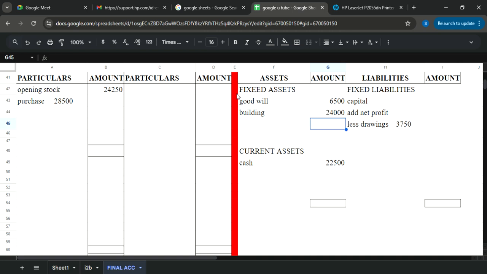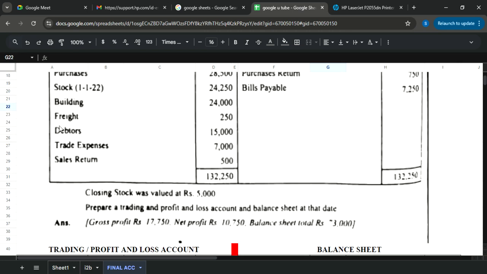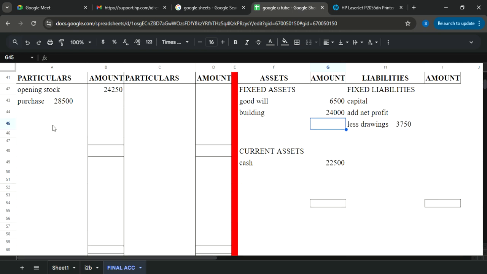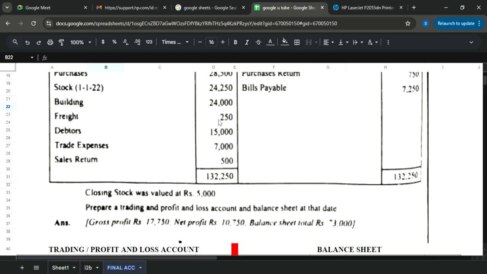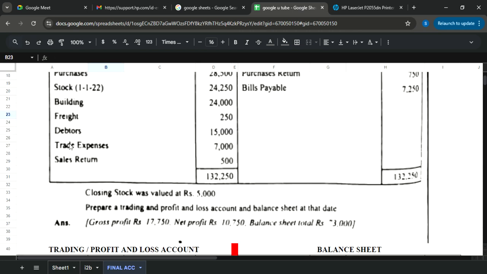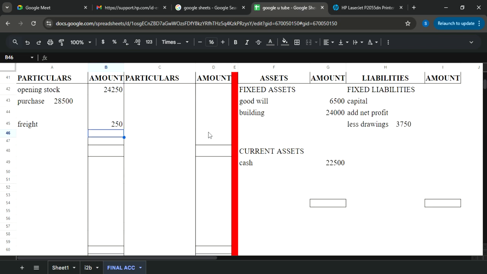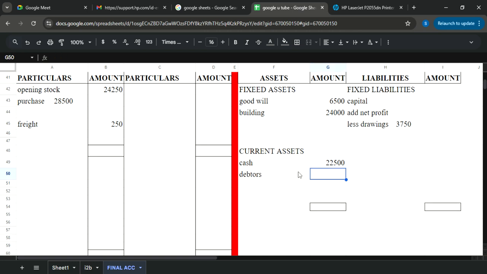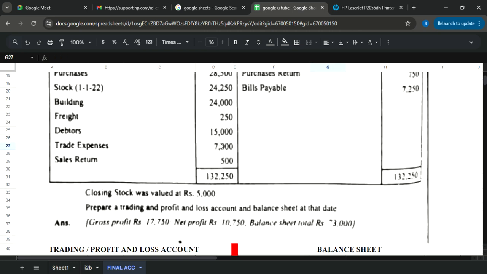After building we have freight, which is a direct expense. With one line difference, here you will write freight. The amount of freight was 250. Write it down over here. After freight we have debtors. Debtors are a current asset. The amount is 15,000.